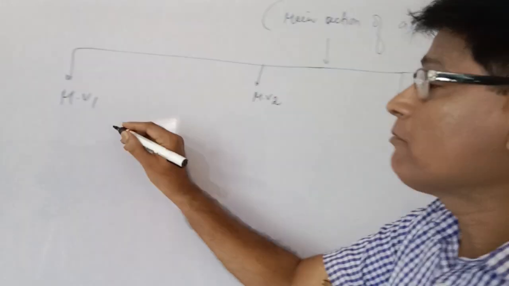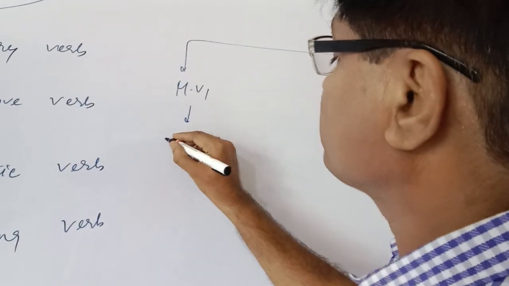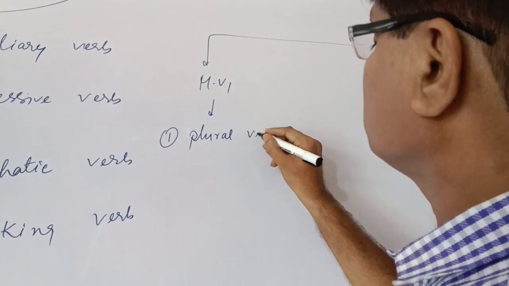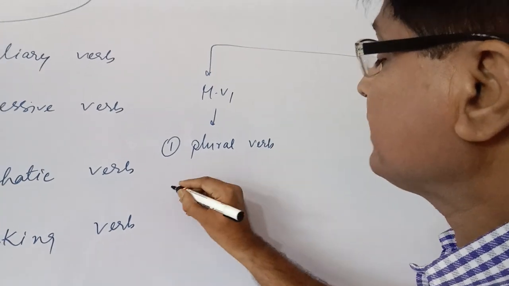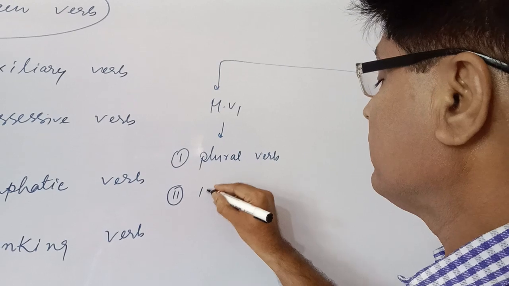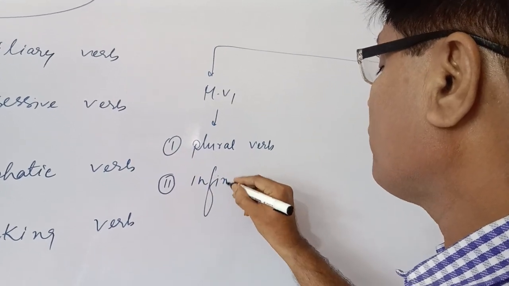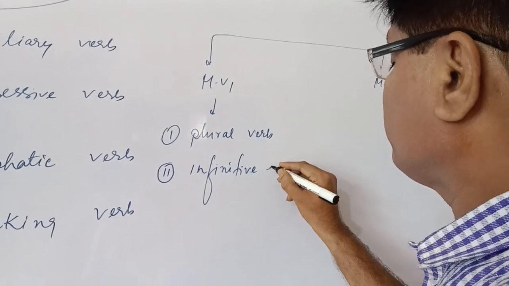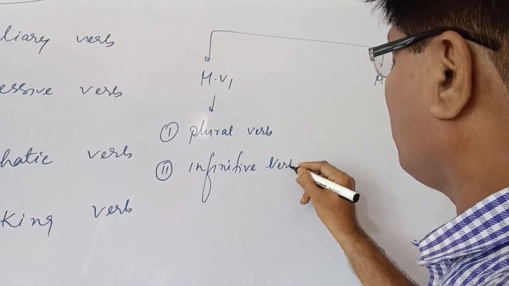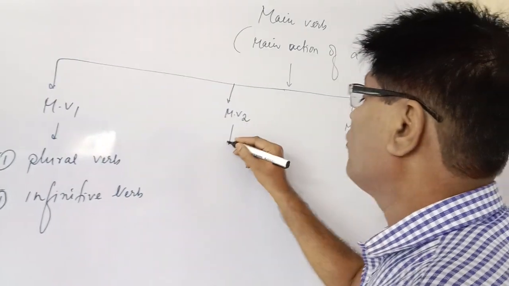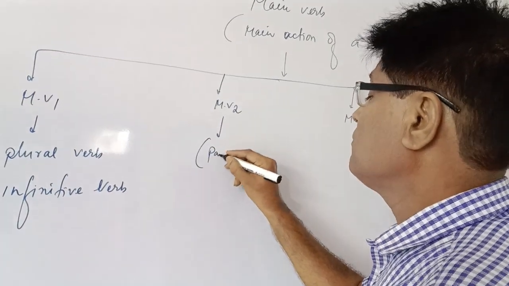What is main verb 1? Main verb 1 is the plural verb. If subjects are plural, then you have to use this form of verb. It's also called the infinitive form of verb. After to, you have to use this form of verb. The second form of verb is called the past verb.